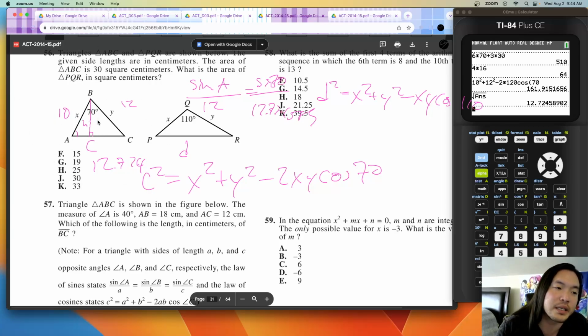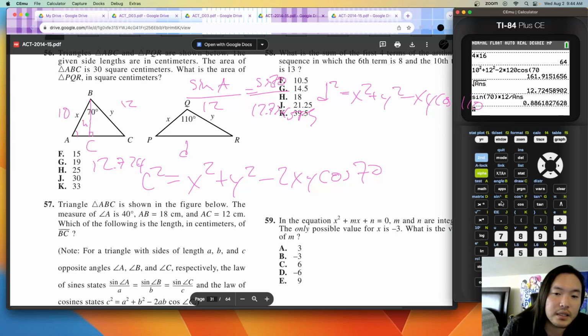I'm just plugging in some numbers, seeing what happens. So if this is 12 and this is 10, then this is going to be 12.72 according to the law of cosines. If all that stuff is true, then I can also calculate this angle using the law of sines. So here we're going to get sine 70 times 12 divided by the answer that we just got, right? And then I can do the inverse sine of this to get this angle.